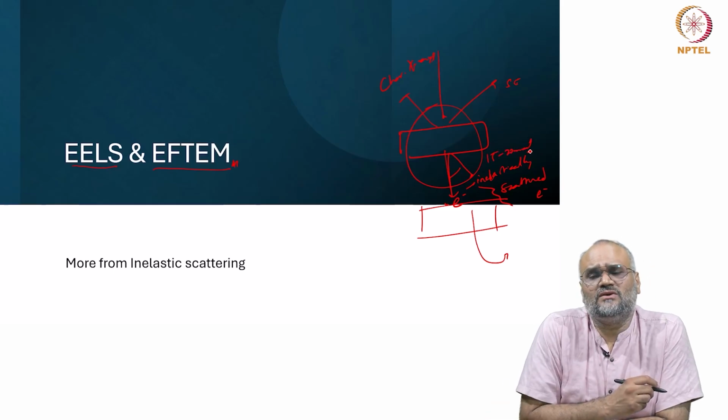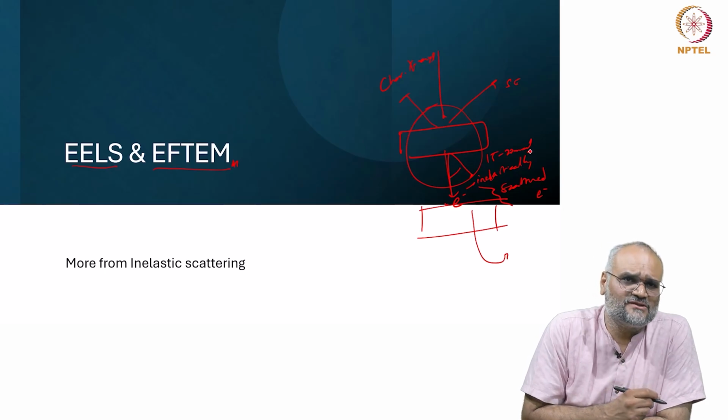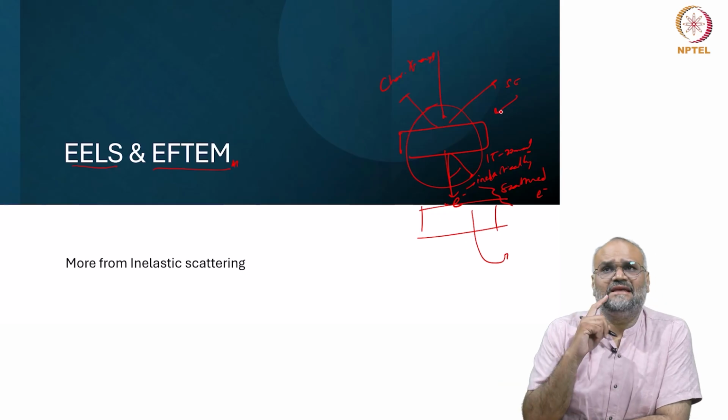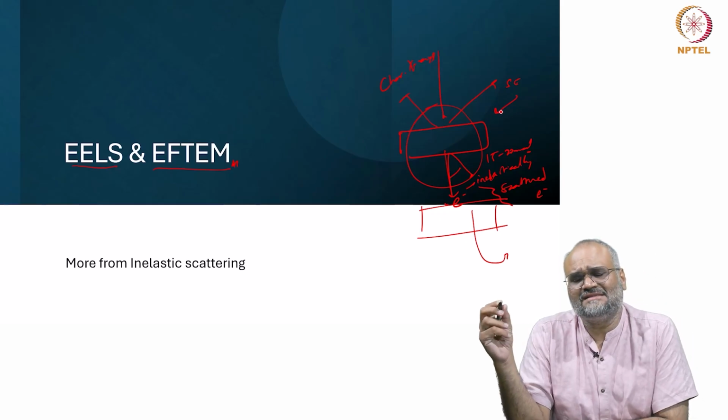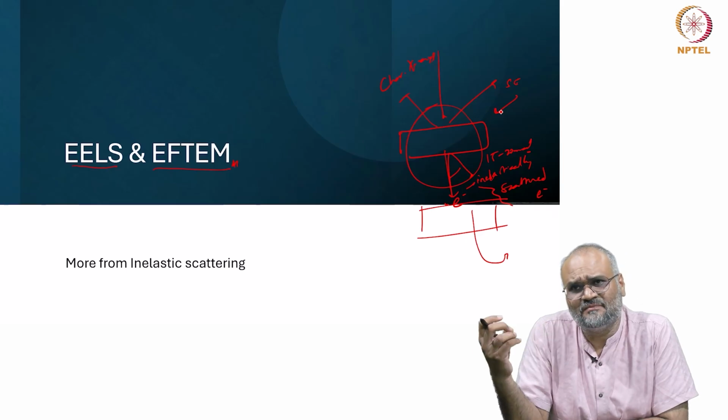So when I want to understand how I acquire this signal in the microscope, typically the X-ray detector is a side entry detector which comes close to the specimen to collect the signal.